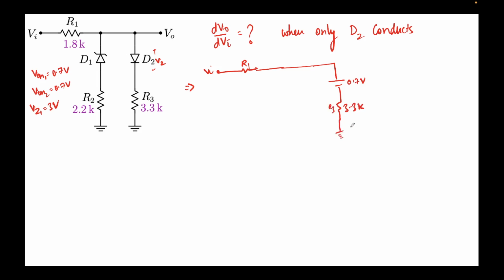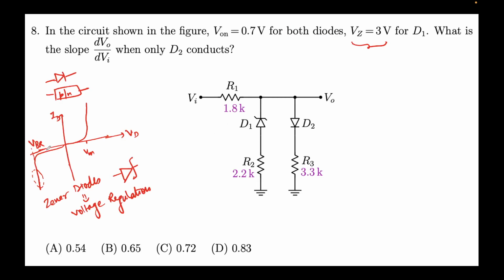Now if there is some current flowing over here, and it says that only D2 is conducting, D1 is not participating as of now. But we need to determine whether D1 is conducting in the reverse direction or not. That means, is D1 operating here or here?